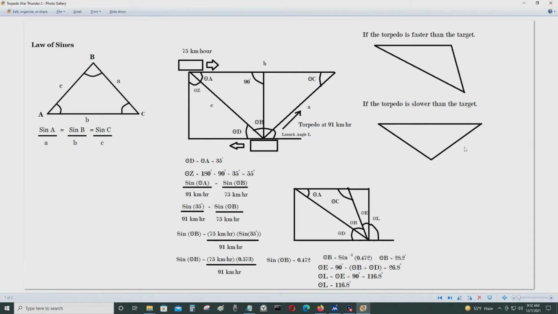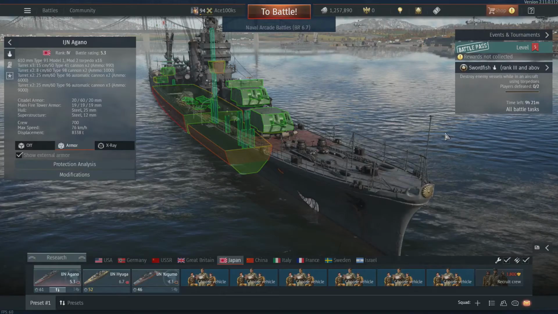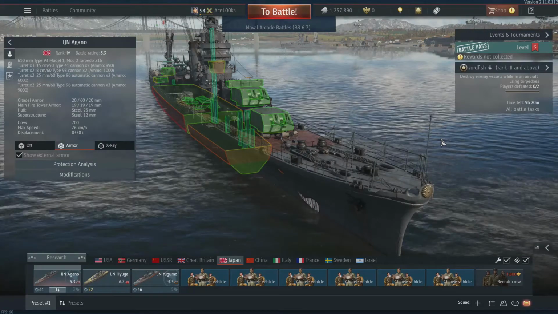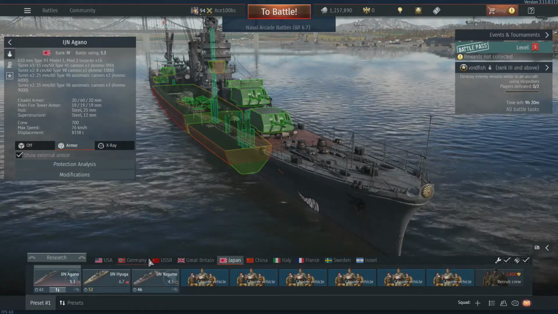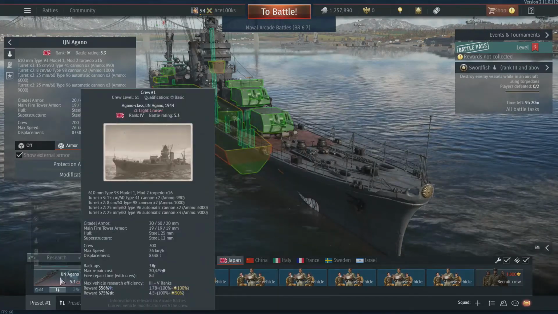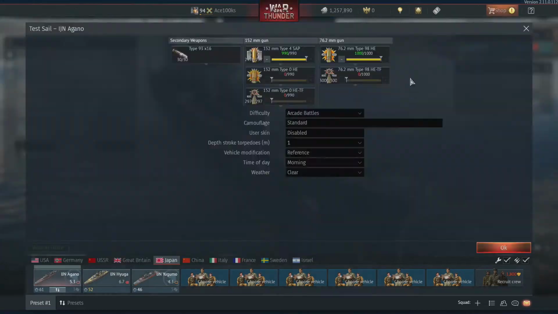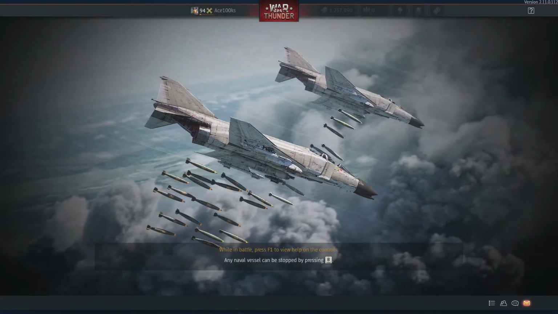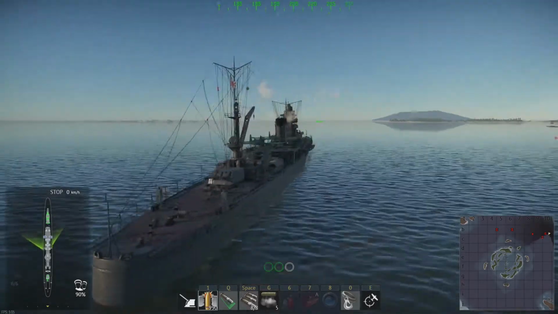So now let's play a few games and see how. Okay, so now I'm going to first play a test mission. That's what I'm going to do. I'm going to demonstrate just generally how you could use torpedoes.